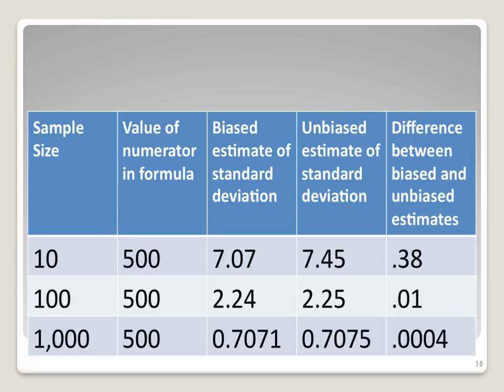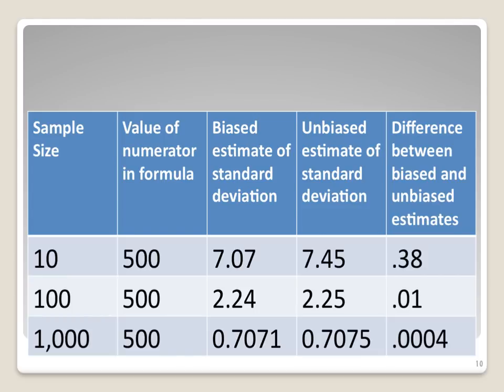So using that 7.07, we might actually find a difference. Using that 7.45, we wouldn't find a difference. And in that case, as statisticians, we're not really comfortable with that huge difference between the biased and the unbiased estimates. We still have something that, according to statistics, we're still not comfortable with.